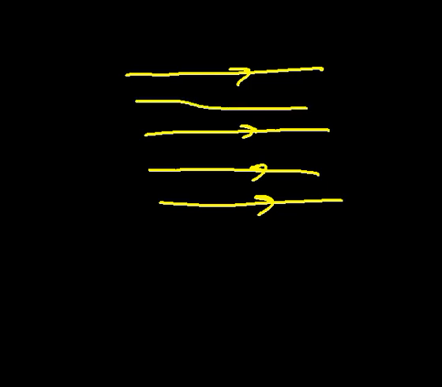A typical example of a system with a uniform electric field is the region between the parallel plate capacitor, as you can remember. So let's say this is the region of the uniform electric field.